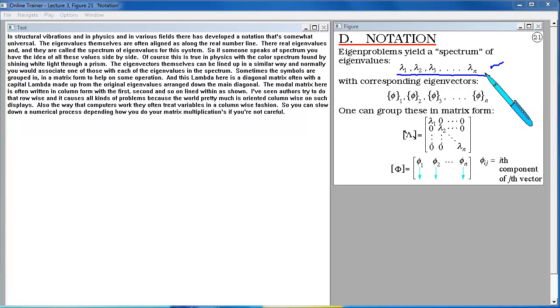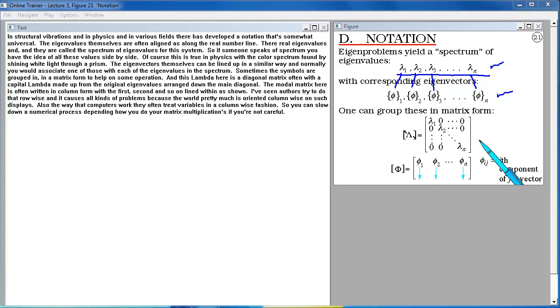So if someone speaks of spectrum, you have the idea of all these eigenvalues side by side. Of course, this is true in physics with the color spectrum found by shining white light through a prism. The eigenvectors themselves can be lined up in a similar way, and normally you would associate one of those with each of the eigenvalues in the spectrum.